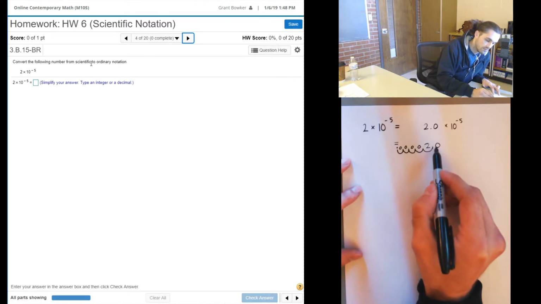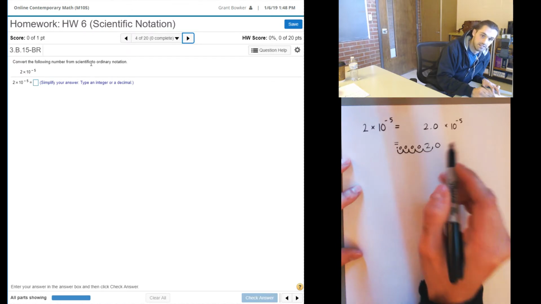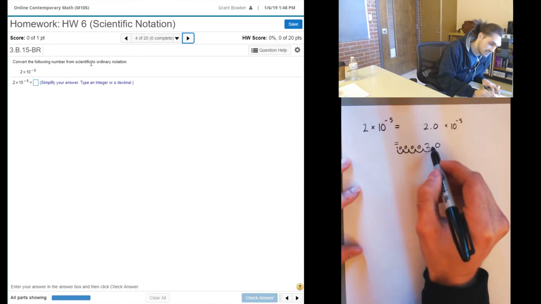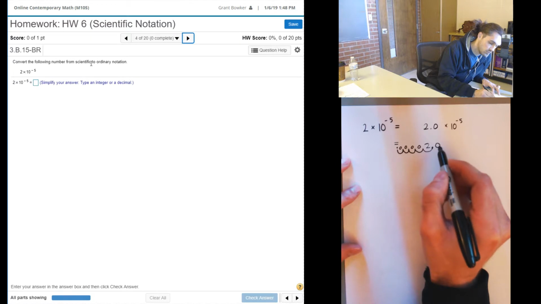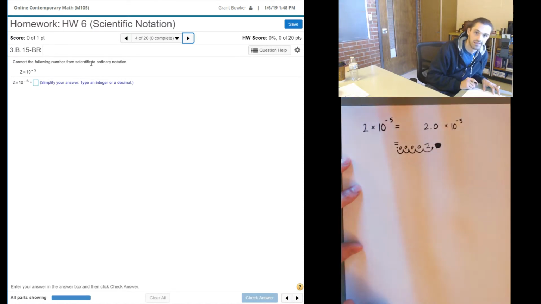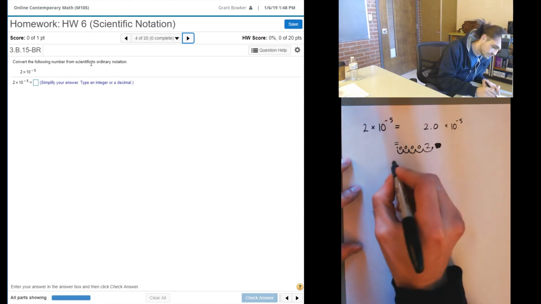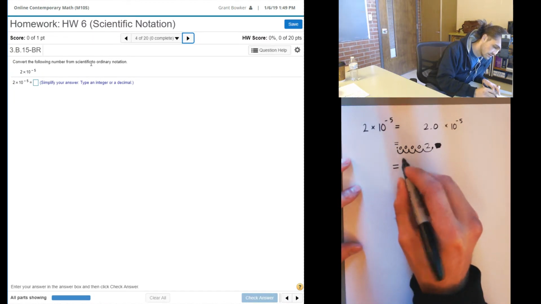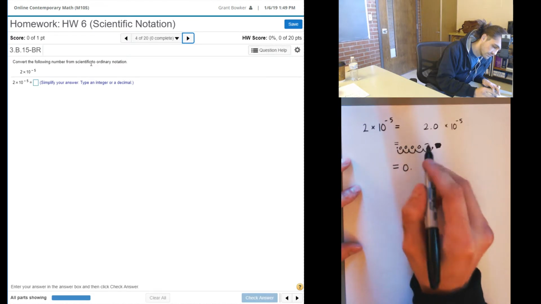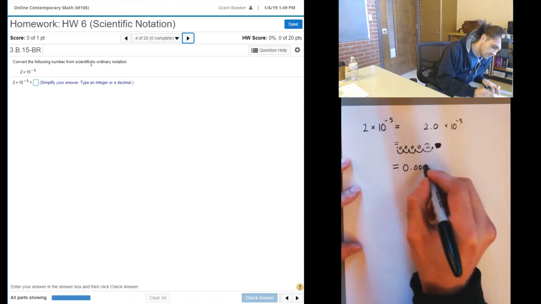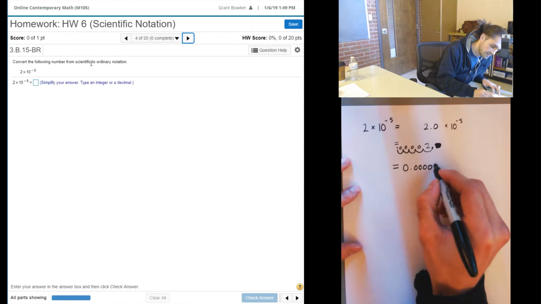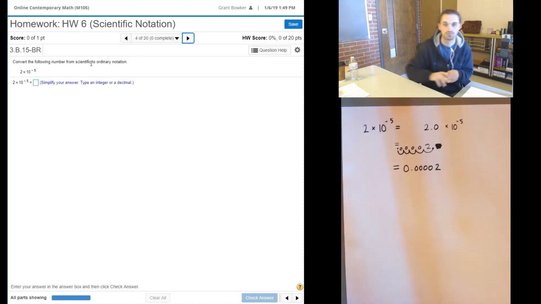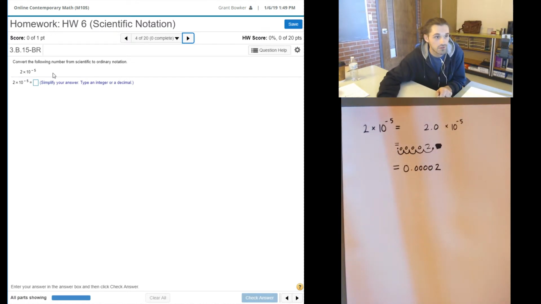Now, this last 0 we introduced strictly to show where the location of that decimal point originally was. So let's go ahead and forget about that 0 that we introduced. So our solution looks like 0.0000 (4 zeros) and then the number 2. Moment of truth.